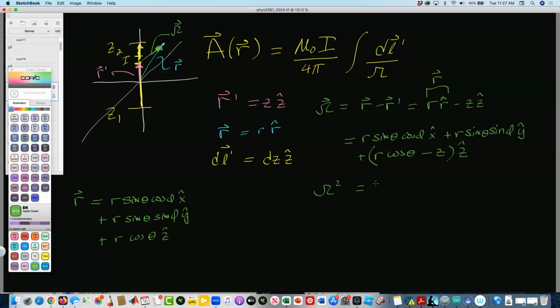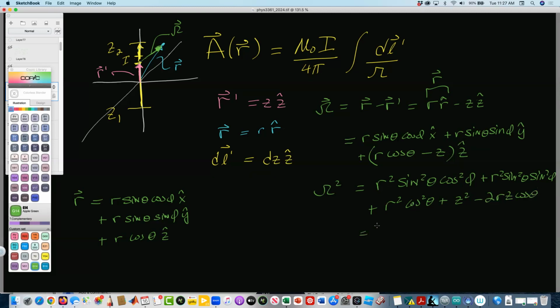So I got a square root term here. So r squared sine squared theta cosine squared phi plus r squared sine squared theta sine squared phi plus r... oh, sorry. Okay. Do you mind if I square this out real quick? r squared cosine squared theta plus z squared minus 2rz cosine of theta.